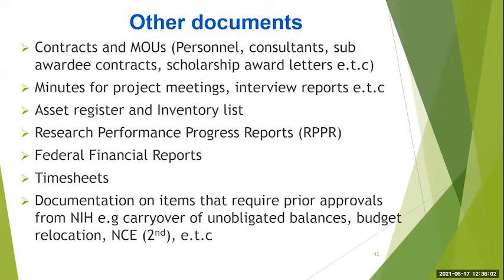Let me give an example. If each student is supposed to get maybe $500 per month as stipend for 12 months, the estimated total for that student in a year of 12 months is supposed to be 6,000. So that's what she did for all the trainees.